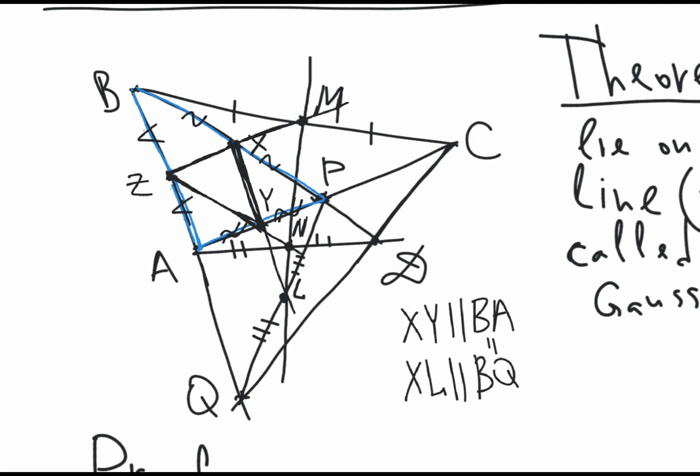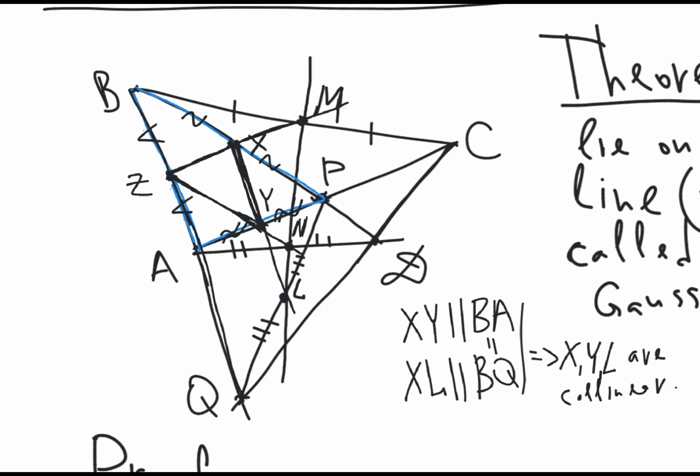BQ and BA is the same line, right? So therefore, X, Y, and L are collinear.